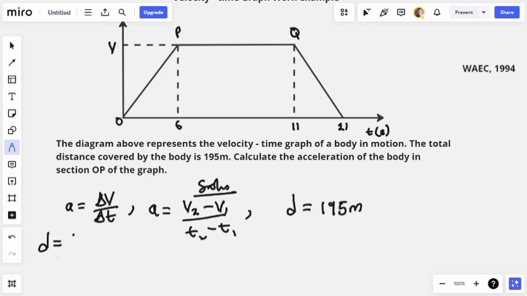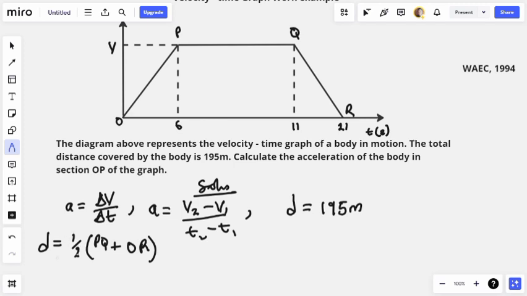The area of a trapezium is a half of the sum of the parallel sides, half of PQ plus OR, if you call this place R, then times the height.